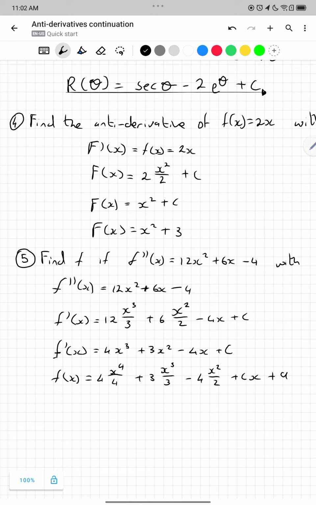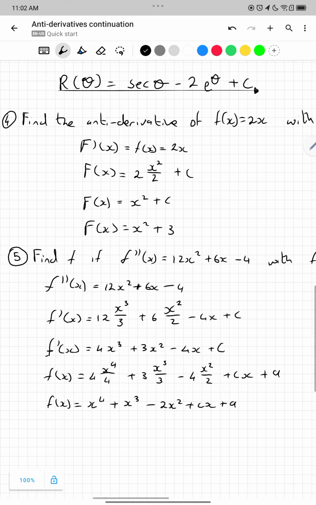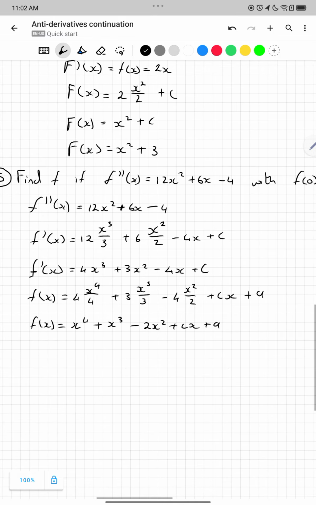So thus f of x is equal to x to the 4th plus x to the 3rd minus 2x squared plus cx plus a. Right, so this is what we have.